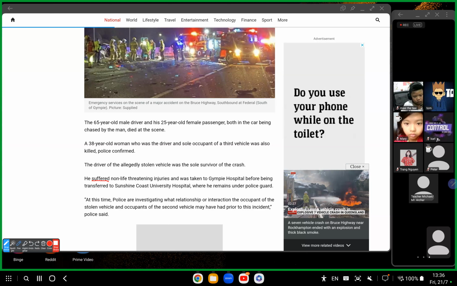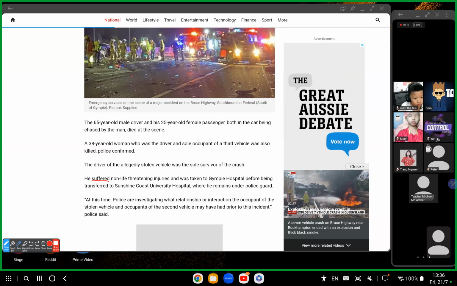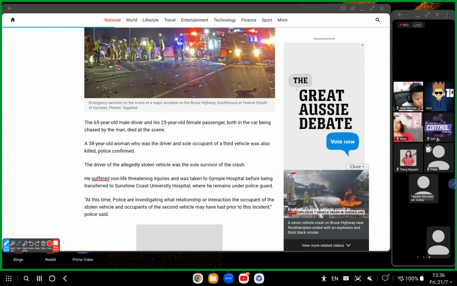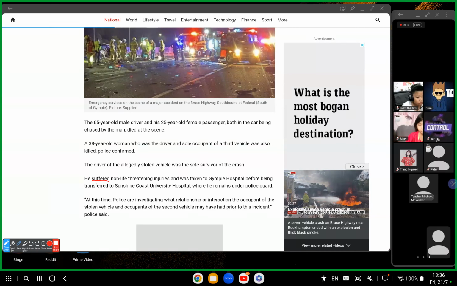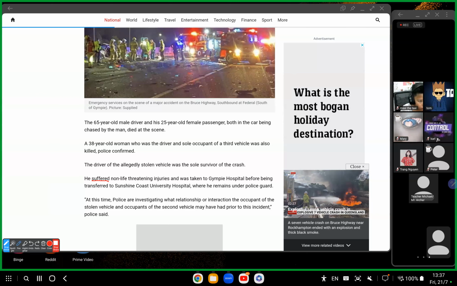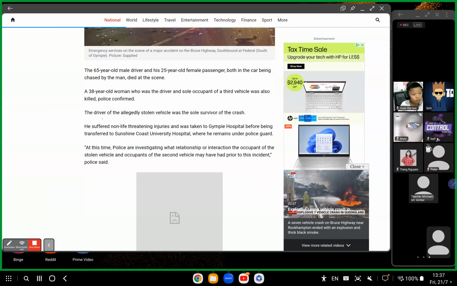So suffered is another attempt at powerful or emotive language, because rather than just saying he received, saying he suffered makes it sound worse. Non-life-threatening injuries. But he remains under police guard for investigation.